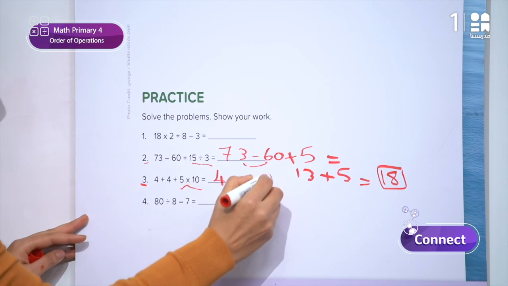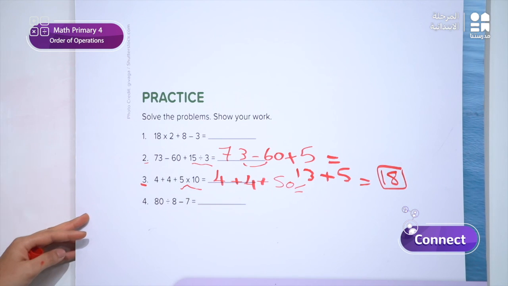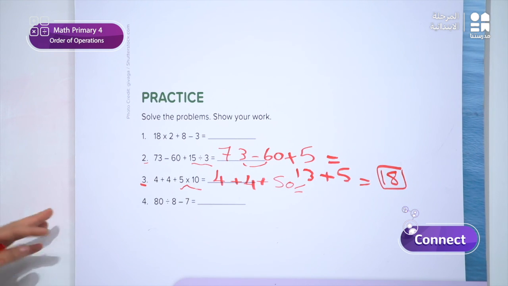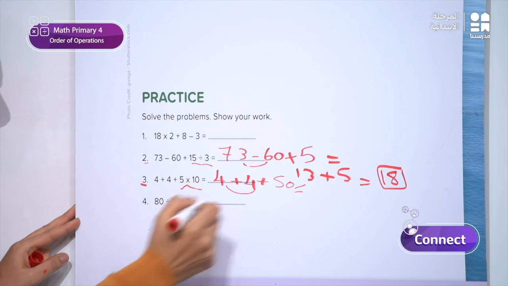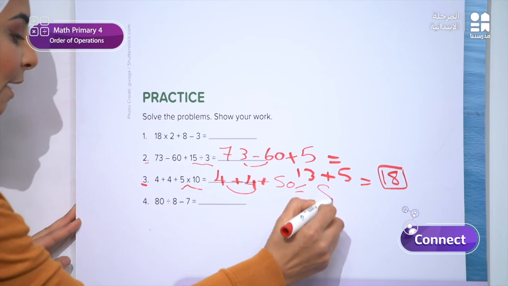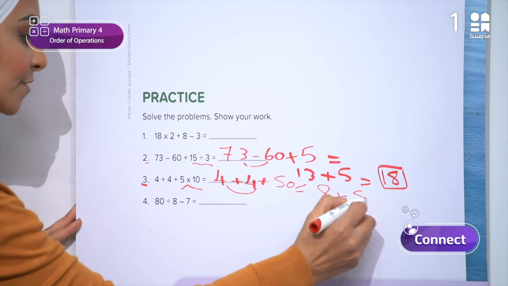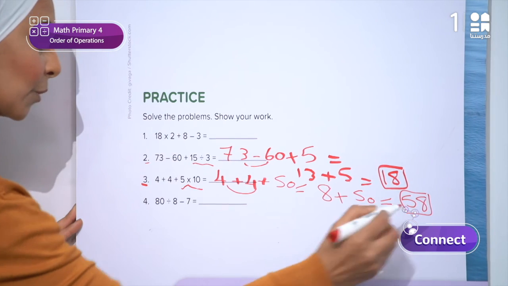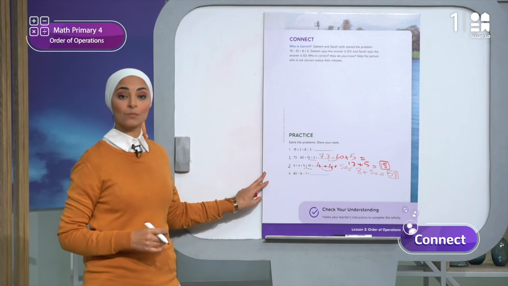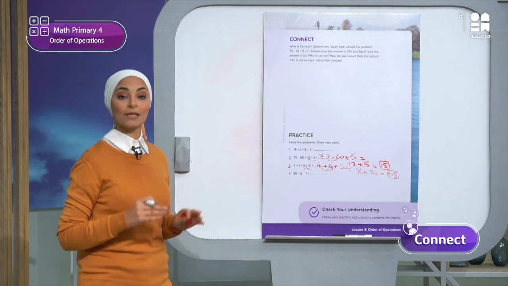Yes, 5 times 10 equals 50. Then the next step, what should I do? I will do addition from left to right. So I will do 4 plus 4. 4 plus 4 gives me 8 plus 50. The answer will be 58. Okay? And this is the end.